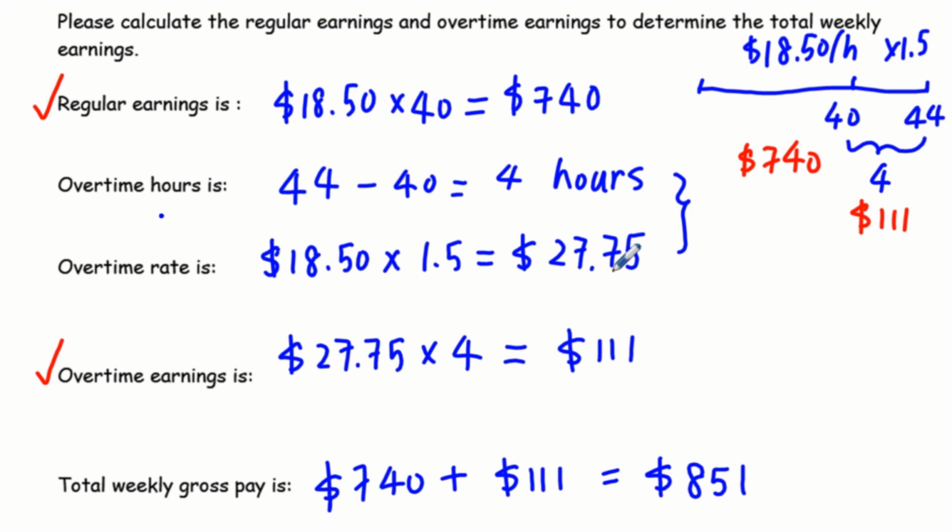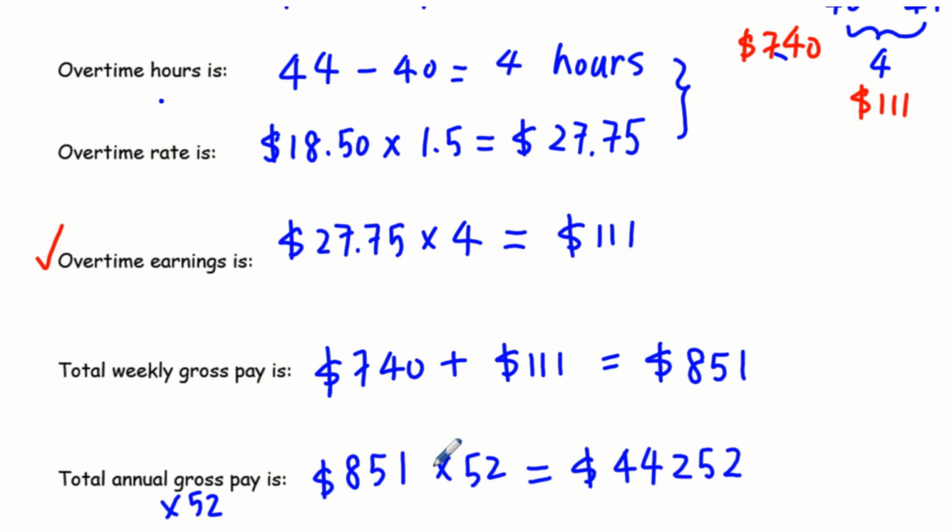And these two times together, you will get the overtime earnings. The total earnings is regular earnings plus overtime earnings. That is for 1 week. And for 1 year, we just times 52 because 1 year equals 52 weeks.